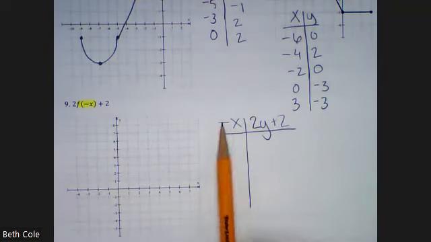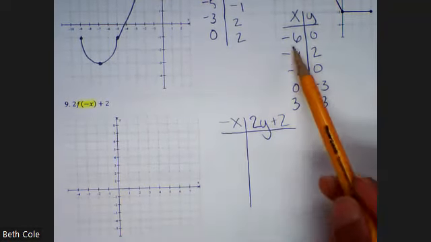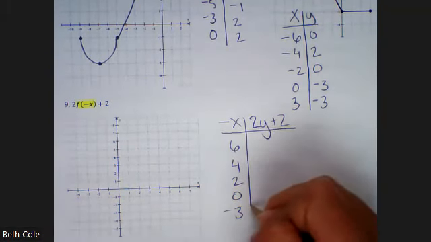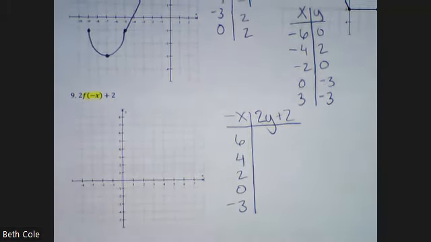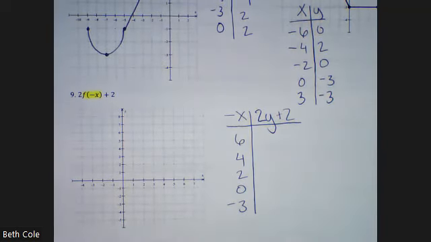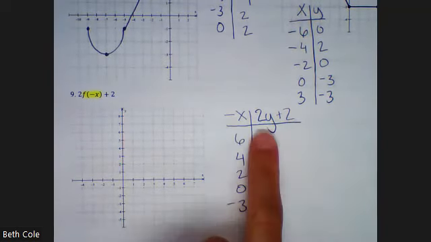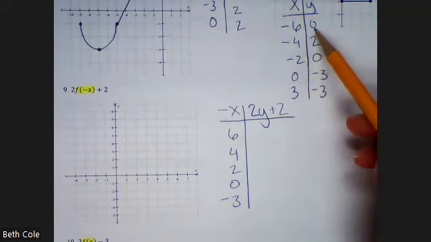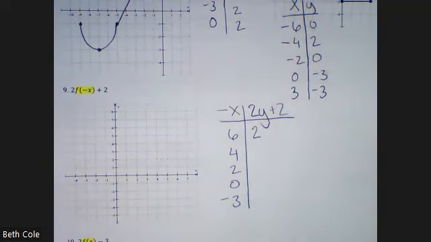All right, so we're going to negate all of the x values. That's easy, just flip-flop them. 6, 4, 2, 0, -3. Cool? It's cool when there's only one thing you have to do to it. Now this one, you have to double it and add 2. So there's a little bit more to that. Doubling 0, 0, good, plus 2, 2. And do you see how there's 2 zeros in that column?